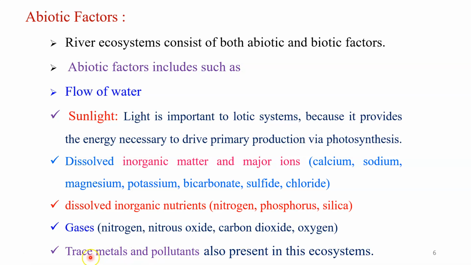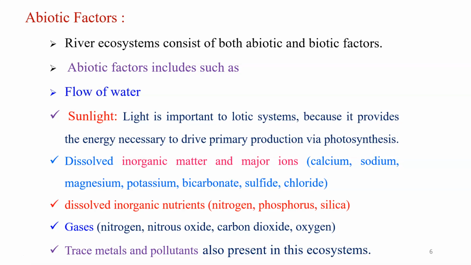Last but not least, trace metals and pollutants are also present in the river ecosystem. This is all about the abiotic factors that play a very important role in the functioning of the river ecosystem that we observe in our nearby rivers.